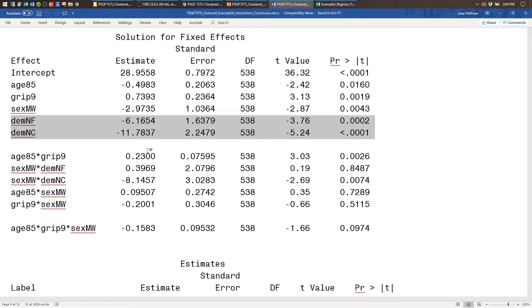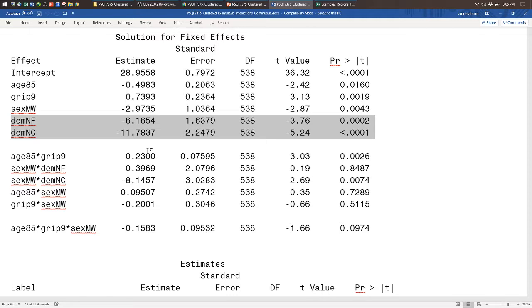So if nothing else was here, like if you just had main effects in the model, all of these would be unconditional. Like this would be the age slope for everybody, the grip slope for everybody, the gender difference for everybody. Once you start adding these interaction terms, what these main effects indicate changes, because they're not included in the interactions below. So we know that, for instance, age is not conditional on dementia group because it's not involved in any interactions with dementia group.